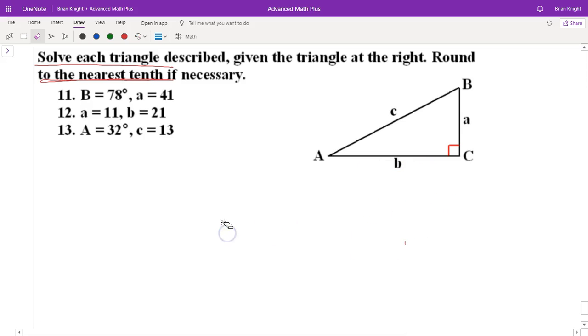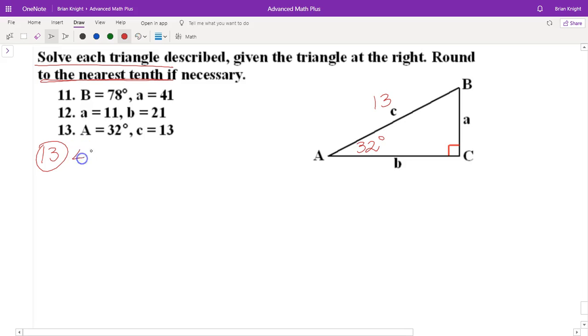All right, so number 13, we have A is 32 degrees, C is 13, and we're looking for everything else. So again, when they give you an angle, the easiest thing is to find the other acute angle first.